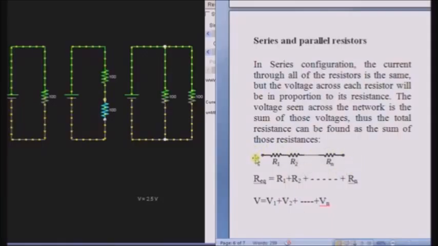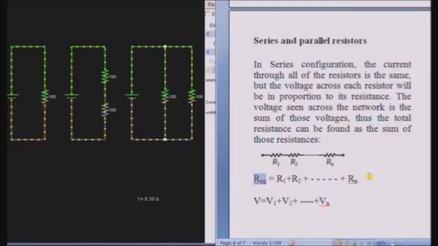The equivalent resistance of resistors in series is the sum of all the resistances. And what are the current and the voltage when they are connected in series?